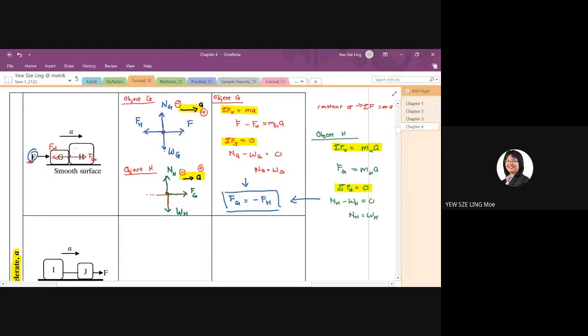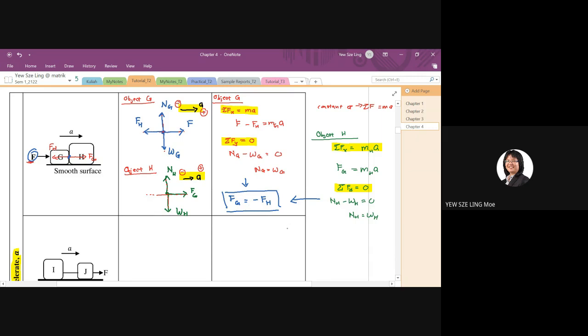Object G and object H are in contact with each other, and this force exists because of the point of contact between these two objects. So the same amount of force is exerted on both of them, just heading in opposite directions. The force coming from H will push object G backwards. The force coming from object G will push object H forward. So this is how we form the equations for objects G and H, and how we join them together, which is by using Fg and Fh, right?